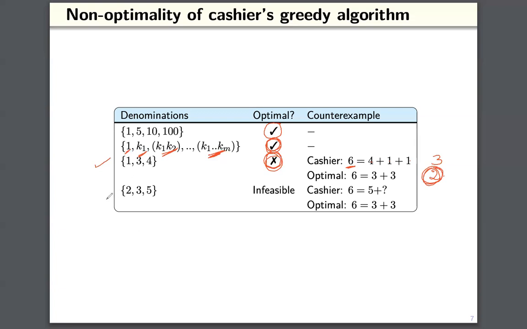Okay, let's take another case, which is more interesting. If your coin denominations are 2, 3, 5, suppose you want to make change for 6. What happens here? You remove 5 and you want to make change for 1, but making change for 1 is impossible. Question, Professor: so here, if the given problem is for n equals 1, this problem has no solution, right?